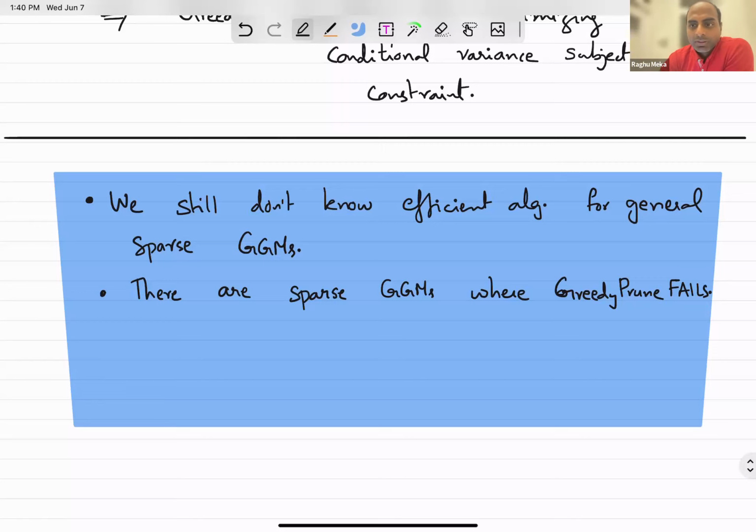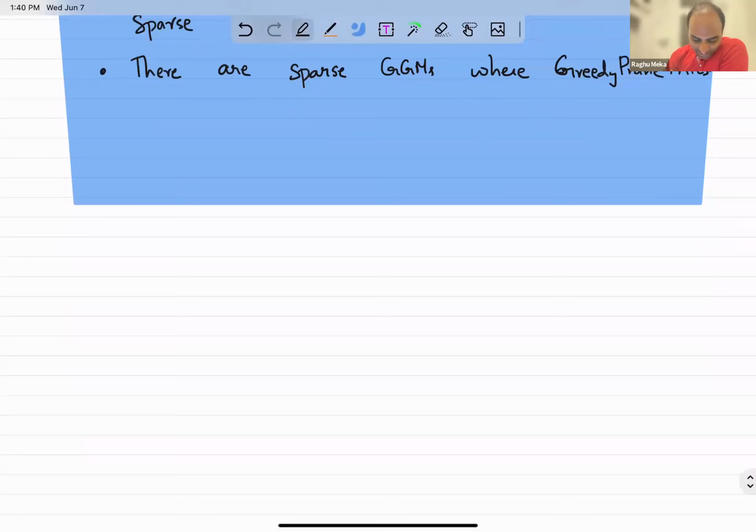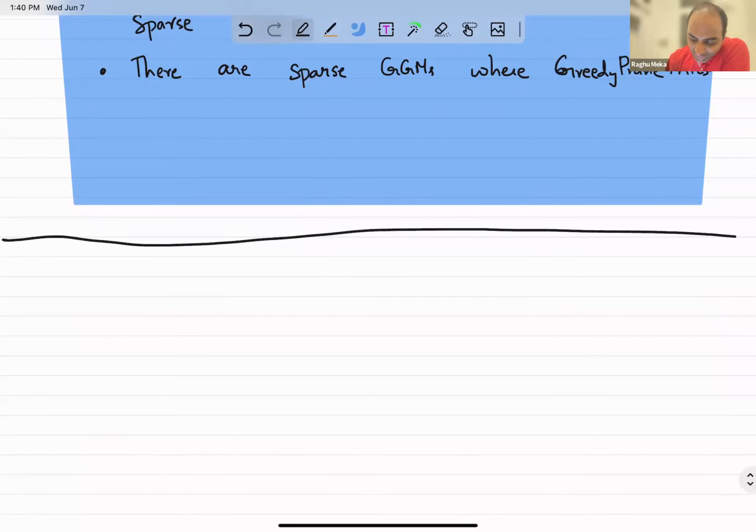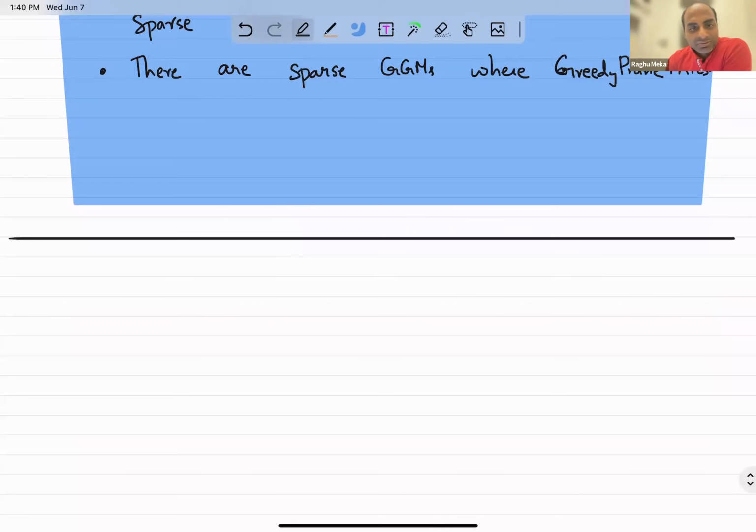Okay. So that's all I wanted to say about GGMs and many other things. And in graphical models in general, we only barely scratched the surface. We looked at learning GGMs or Ising models. We didn't touch upon other things like what happens if you have noise in the data. There's something completely under the rug right now. There are algorithms for handling that. What if you have missing variables? What if you have latent variables?